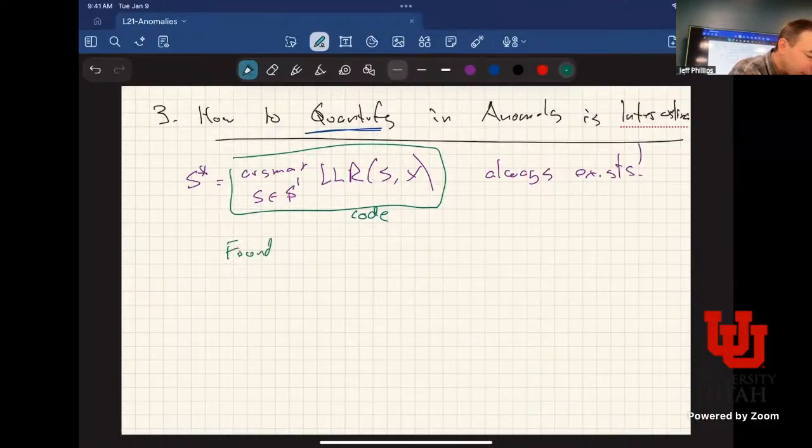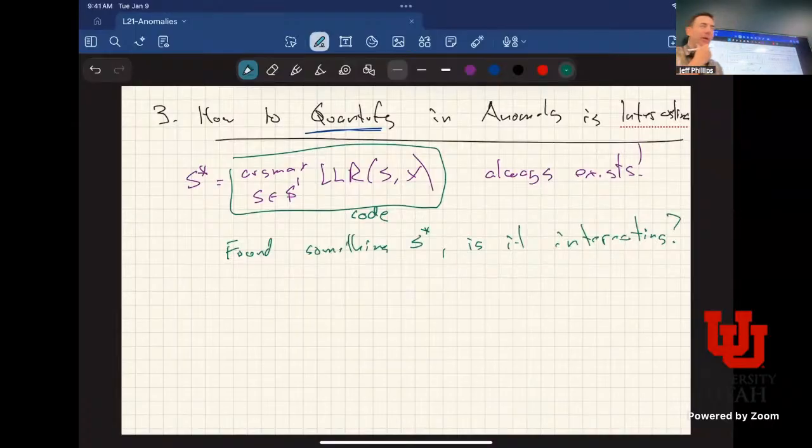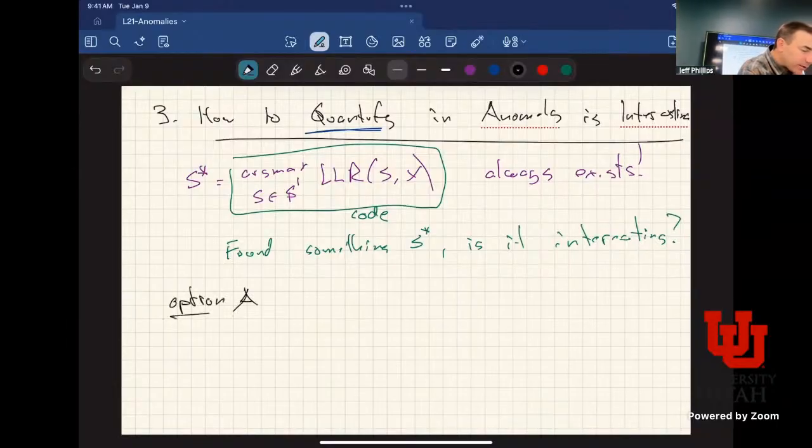You found something, S star, is it interesting? Okay, so I'm going to give you 3 ways of approaching this question that will increase in generality. Okay, so option A, I'm going to trust the log likelihood ratio.